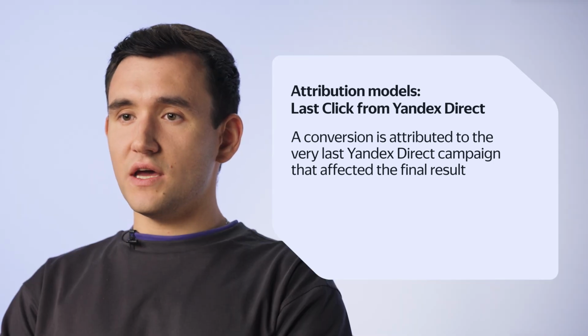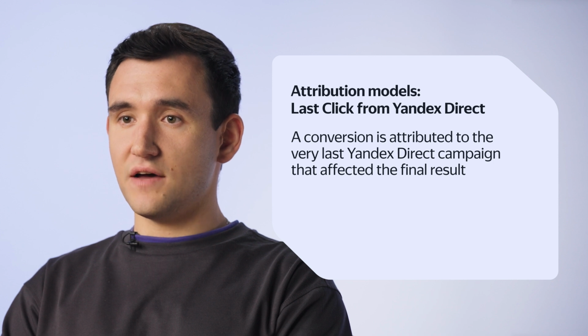Even if there were any other traffic sources, including advertising and non-direct ones after it, we still attribute this conversion to Yandex Direct. This attribution model lets us measure the impact of Yandex Direct ad campaigns on the final results in terms of conversions. This means that we can see whether the user was actually warmed up with a Yandex Direct campaign on their way to the conversion.